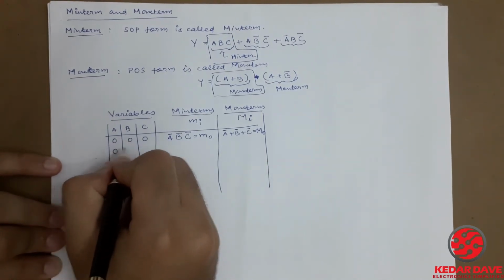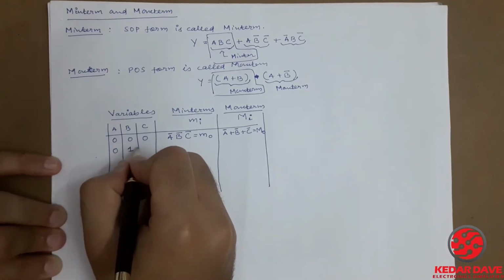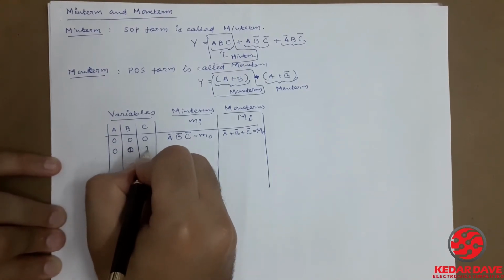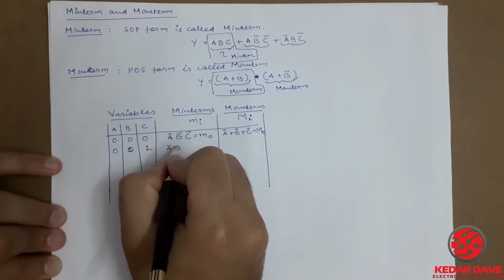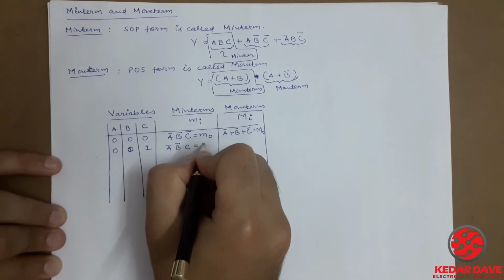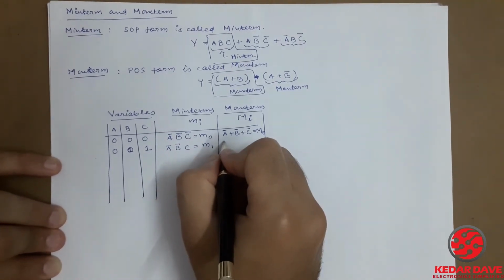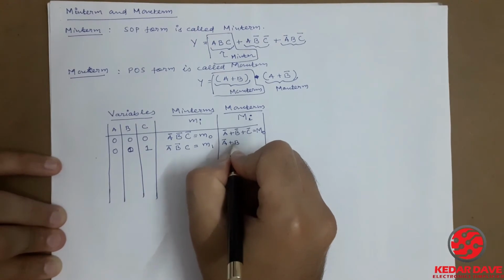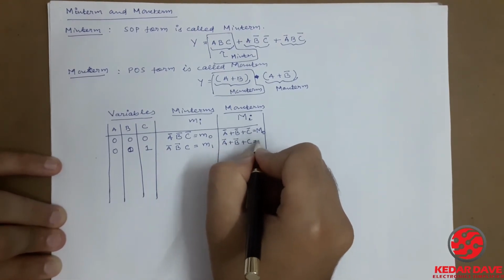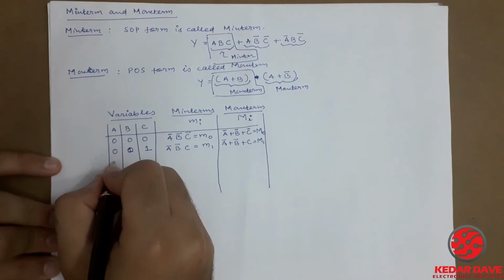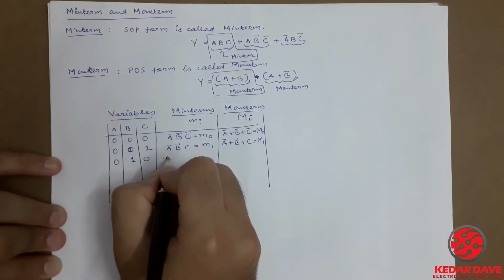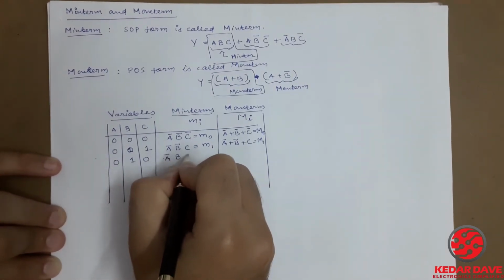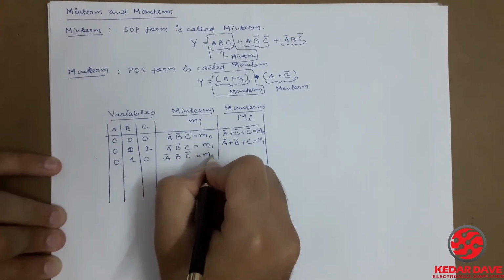After that, if we take 0, 0 and 1, then it can be represented as a bar, b bar and c is equals to m1. Here the maxterm a plus b plus c bar is equals to M1. Further, next case, if we take 0, 1 and 0, then it can be represented as a bar, b, c bar is equals to m2.